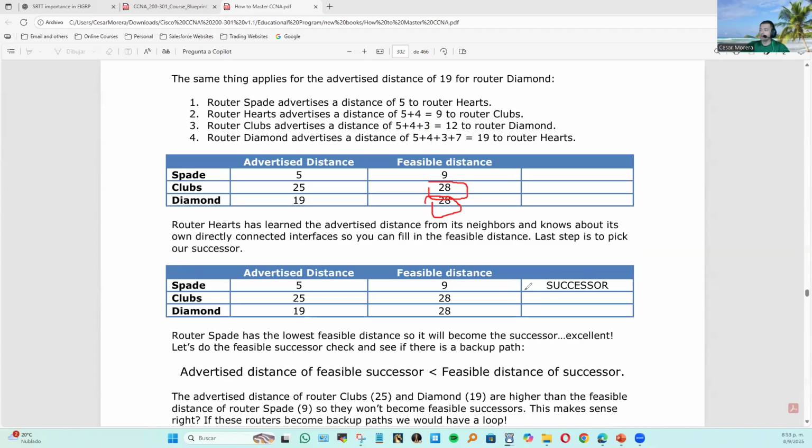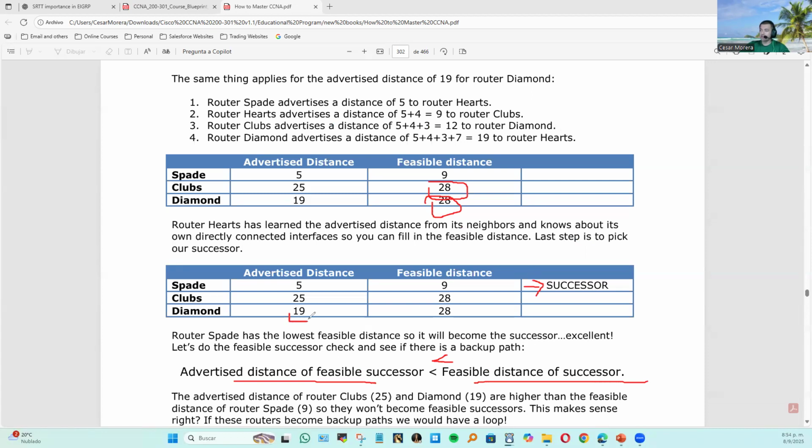In this one, the successor is the one with the lowest feasible distance and administrative distance, which is spades. Now, remember the rule: the advertised distance must be lower than the feasible distance for the feasible successor. So the feasible successor, what will it be?